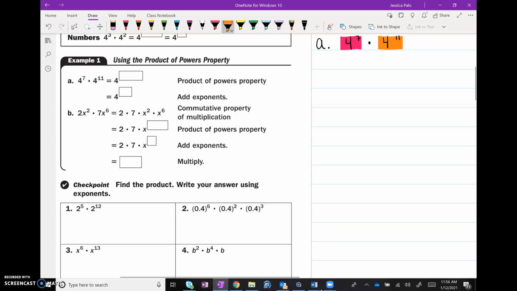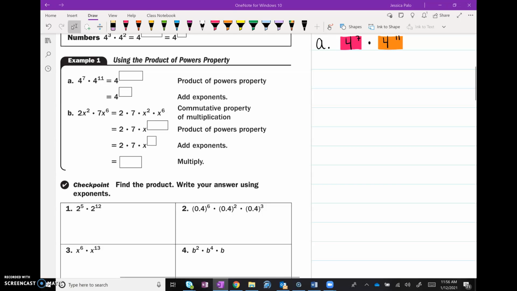What do exponents do? Anyone? I can't really see your hands. No one remembers what exponents do. Exponents condense repeated multiplication.